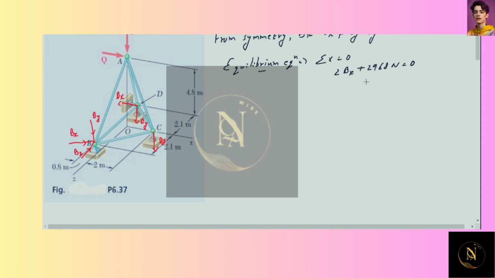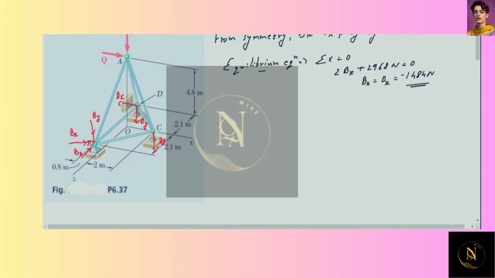We know bx equal to dx, so from here we can find the dx also. That will be equal to minus 1484 Newton. This negative sign indicates that the actual direction is opposite to the given direction.